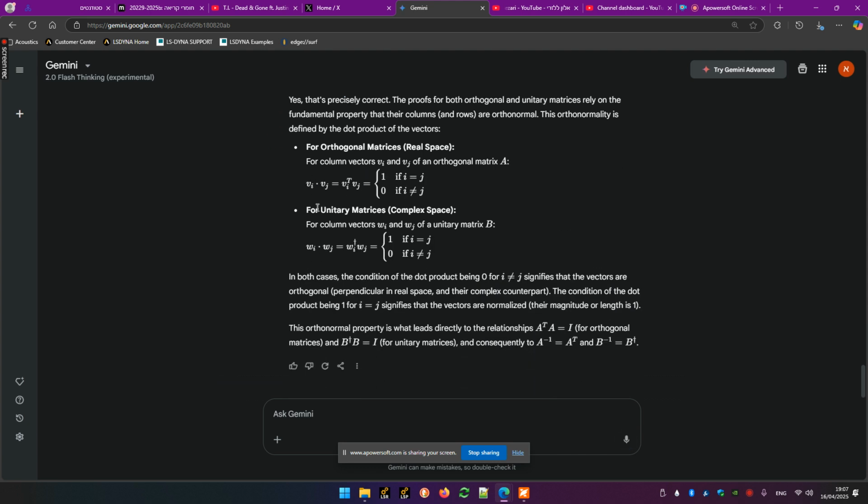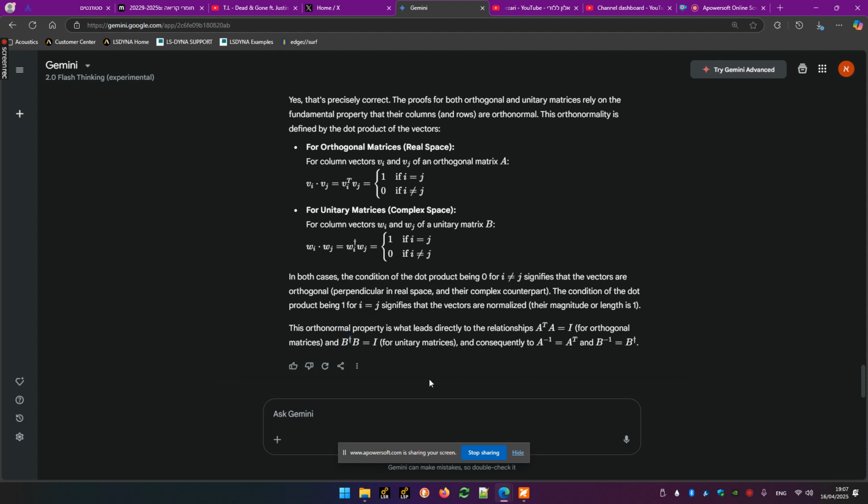The same idea, based on the orthogonality, or the orthonormality if I would say, because the norm of the vectors is 1. And from this, we get that A transpose A equals the identity matrix, or if you want, B conjugate transpose B equals the identity matrix.